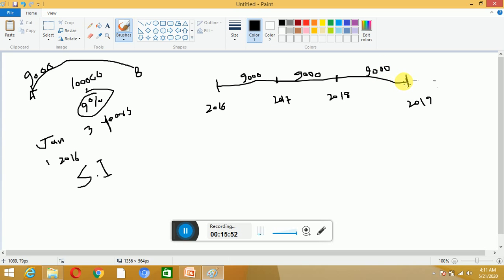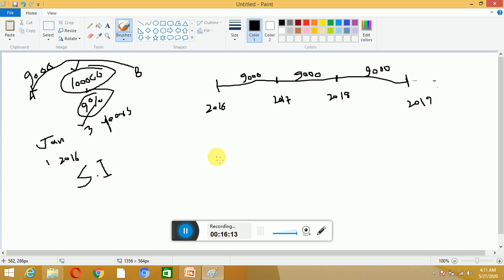So B will pay another $9,000 at the end of 2019, and because the loan is for 3 years, he will also return the principal amount, that is $100,000.